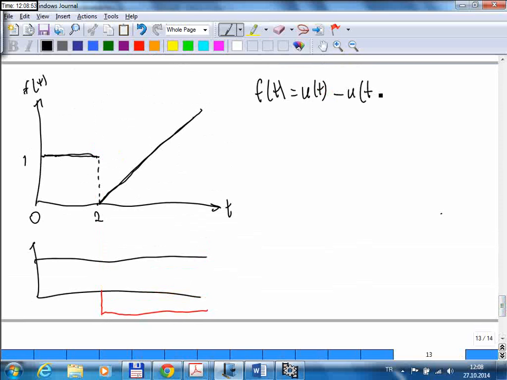Minus u of t minus 2, right? So here's 2. Okay, so this part just gives me this part of the function. Okay, and then I have the second part of the function, which is just this ramp function that starts from t is equal to 2, and I can write that part as plus t minus 2 times u of t minus 2.